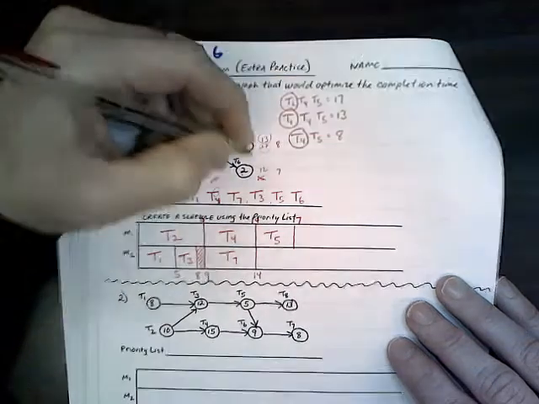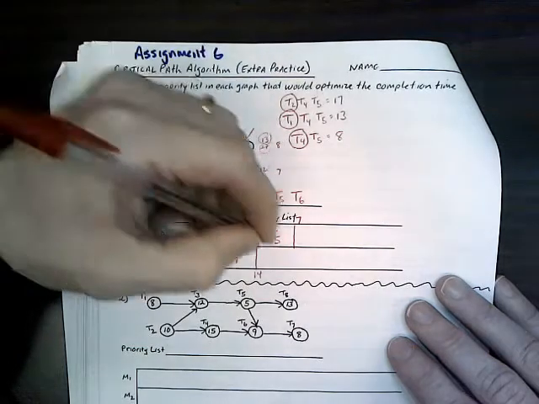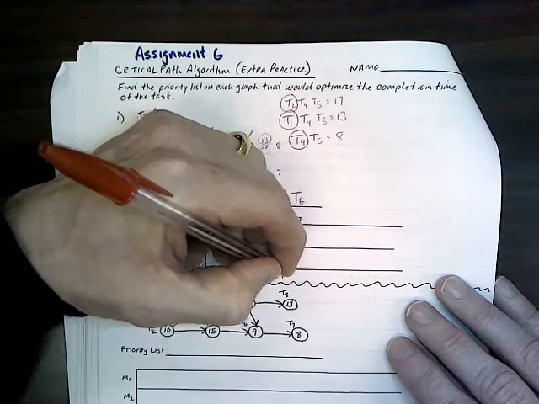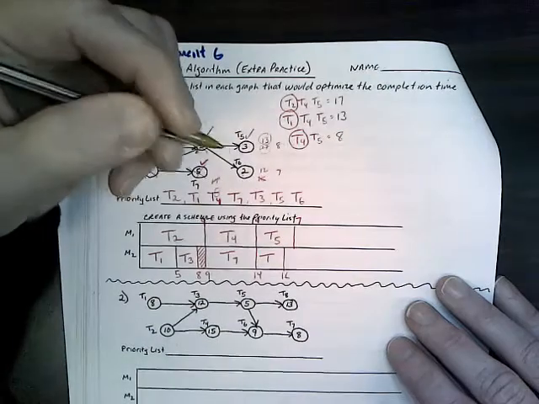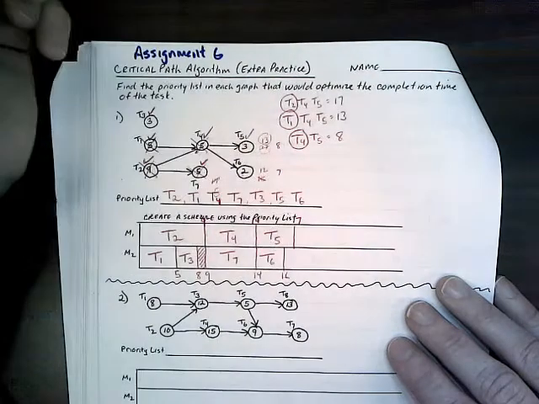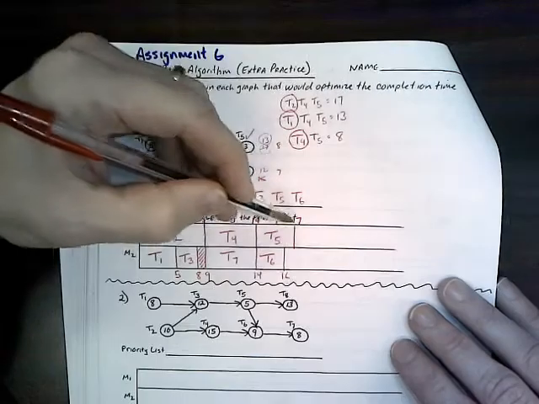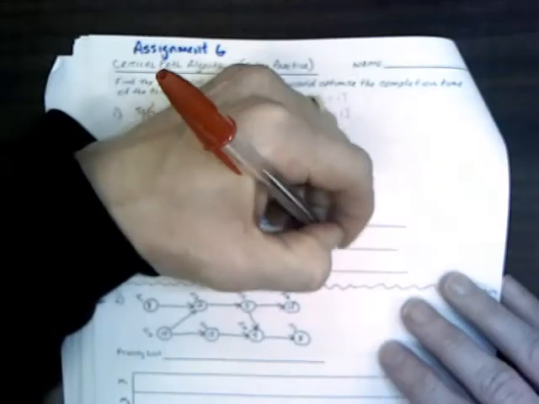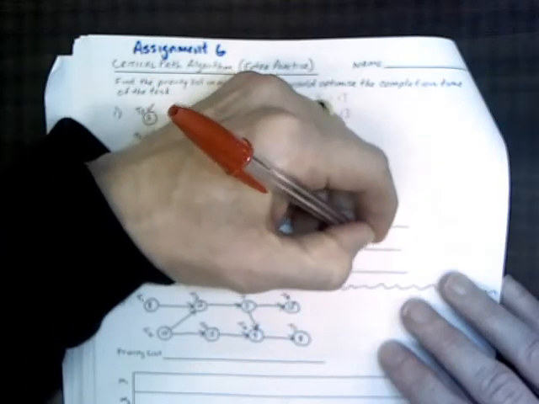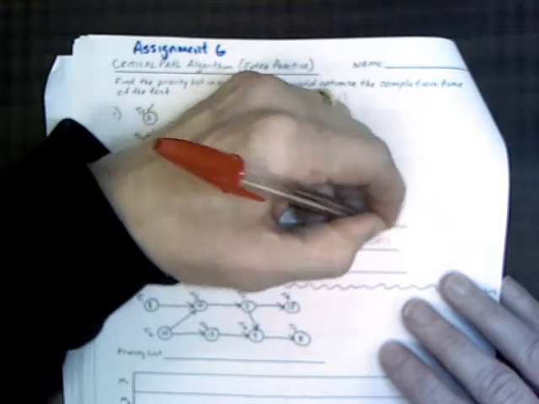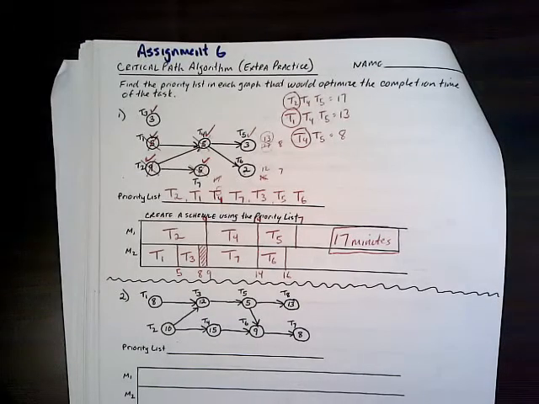T5. And then T6 is 2 minutes. 14 plus 2 is 16. All right, so we have T6 down here. So you got 17, you got 16. So this has a total completion time of 17 minutes. Okay, so hopefully that helps you with that one.